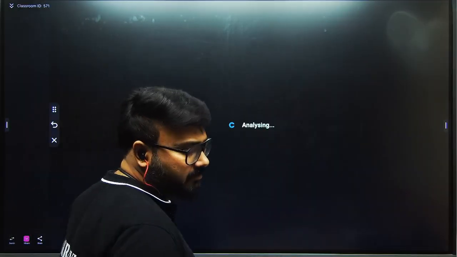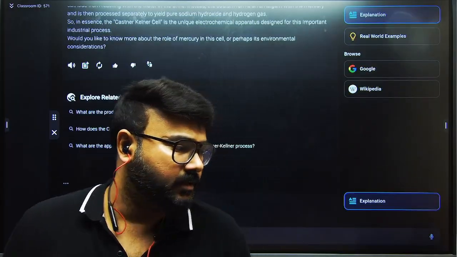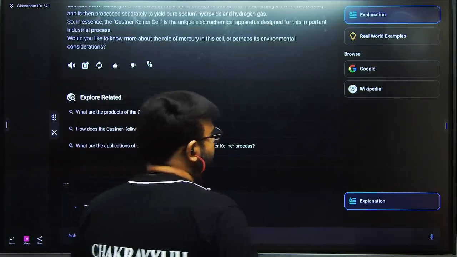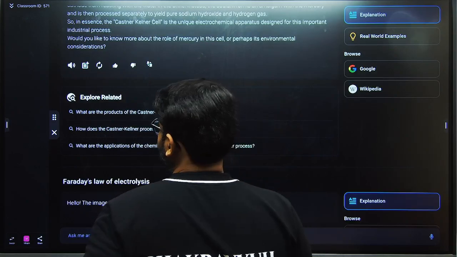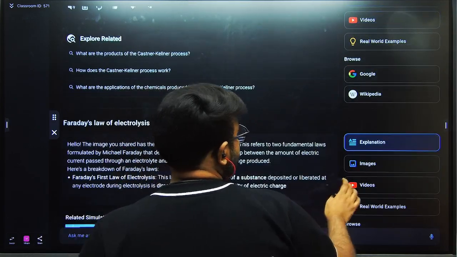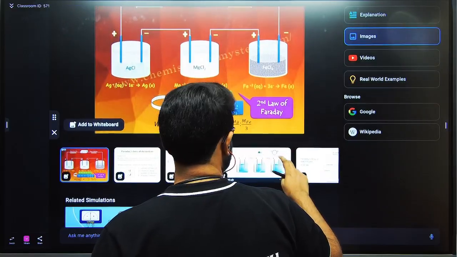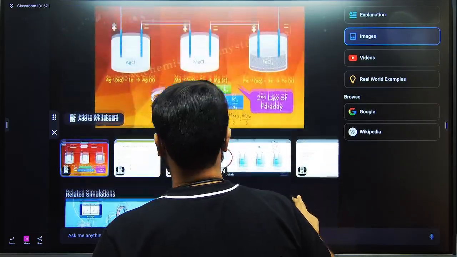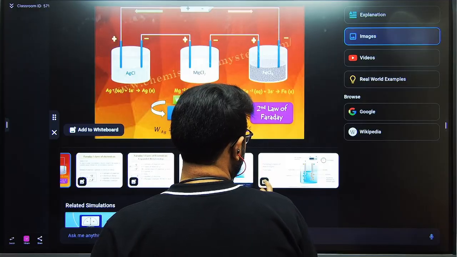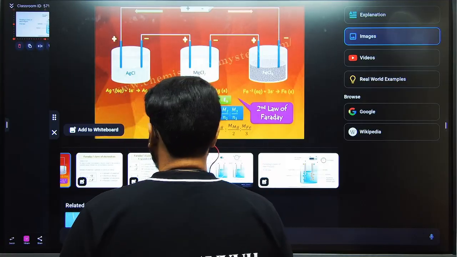I need one diagram for this Faraday's law of electrolysis. Images. This is, I don't want this. Yes, this is a good one.